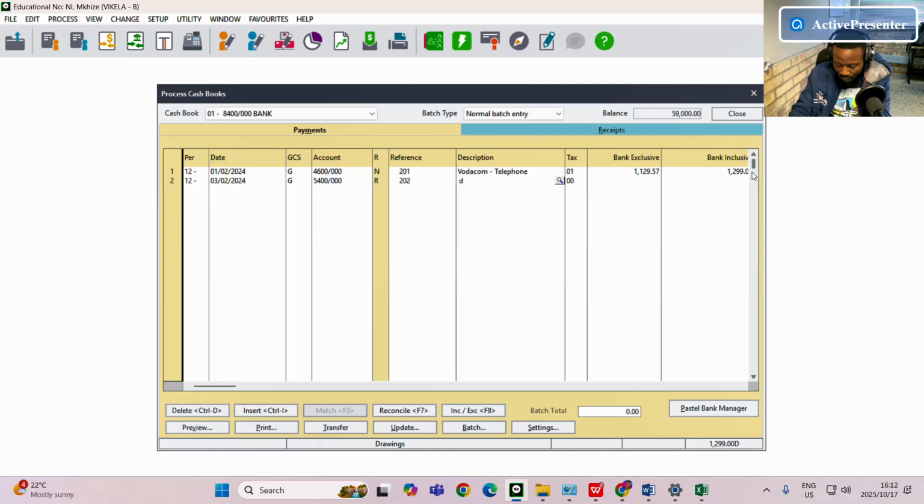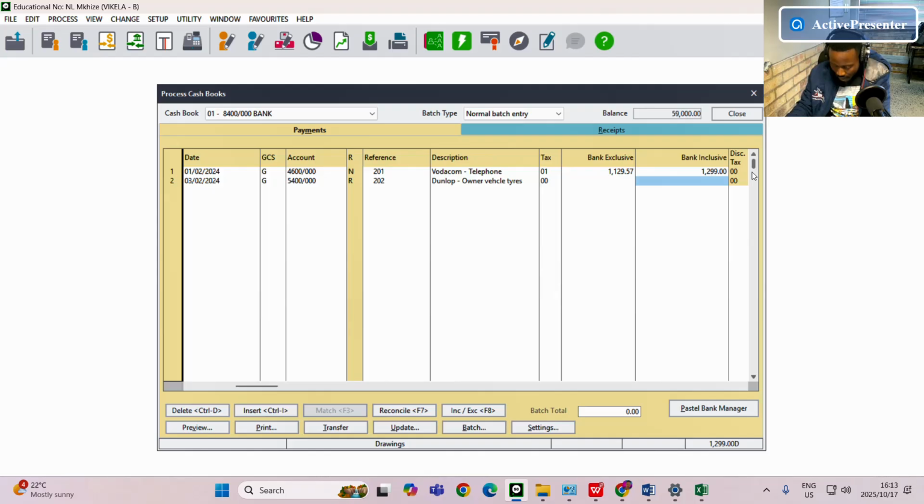Dunlop, dash, owner vehicle tires. Obviously, there's no VAT involved since it's drawings. So it's 3,499.58.